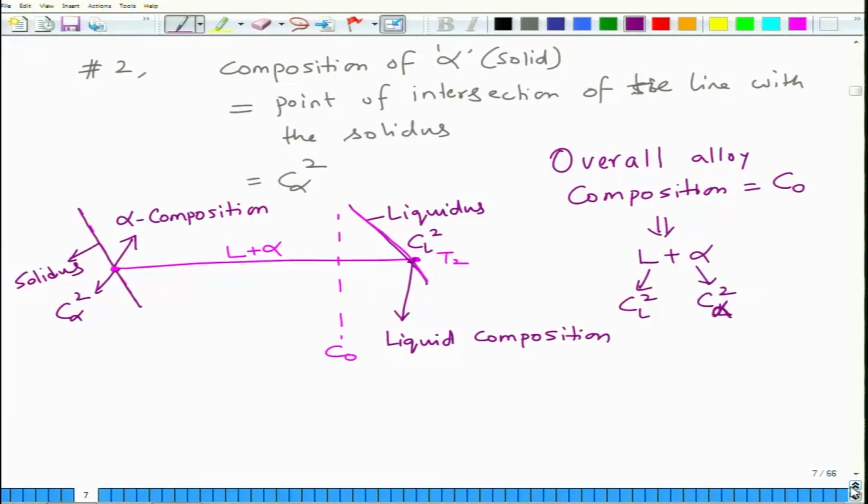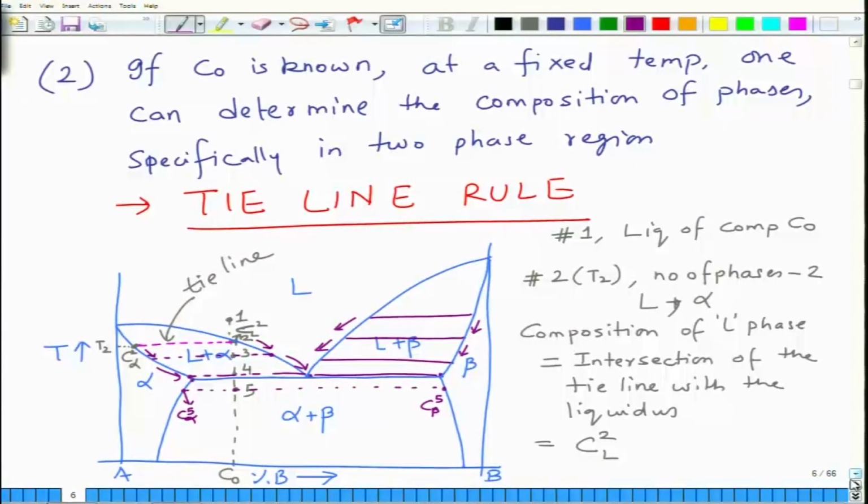If you have two phase equilibrium consisting of liquid and solid, then intersection with the liquidus gives the liquid phase composition and intersection with the solidus gives the solid phase composition. If you have two solid phases in equilibrium, then intersection with the solvus lines will give the compositions of the two phases. This is how you determine the composition of two phases in equilibrium in a binary phase diagram. This is called the tie line rule.